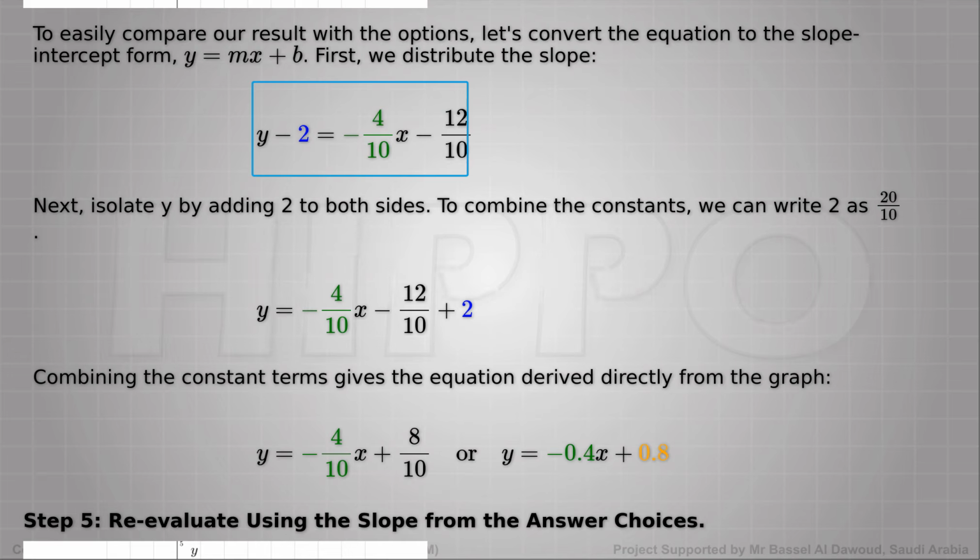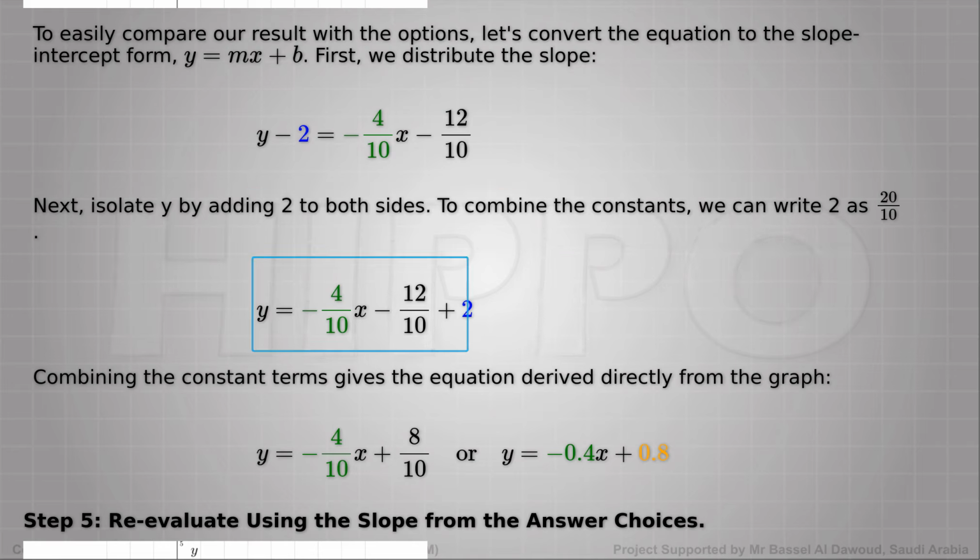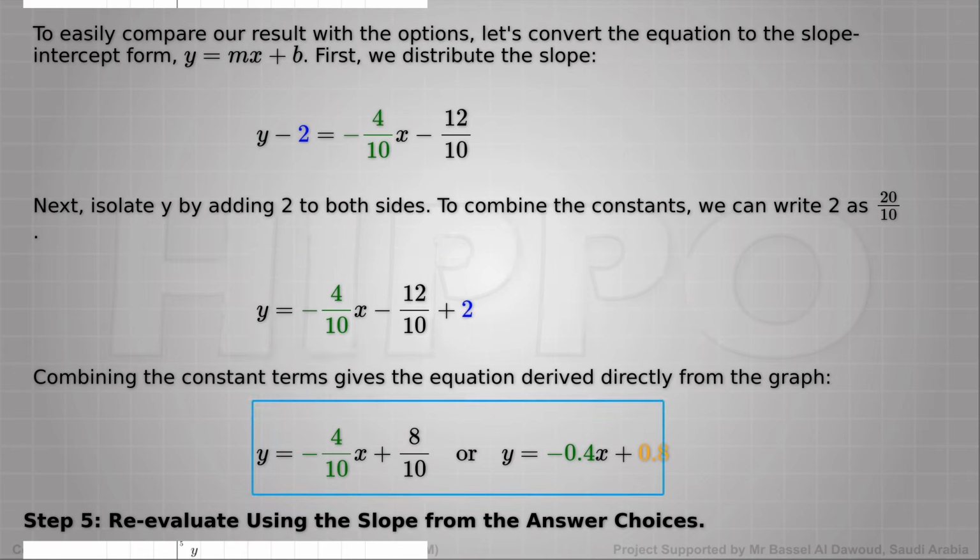Next, we need to isolate y, so we add 2 to both sides. To combine the fractions, we'll rewrite 2 as 20/10. So we have y equals -4/10 x minus 12/10 plus 20/10. Combining the constant terms gives us a final y-intercept of +8/10, or 0.8.